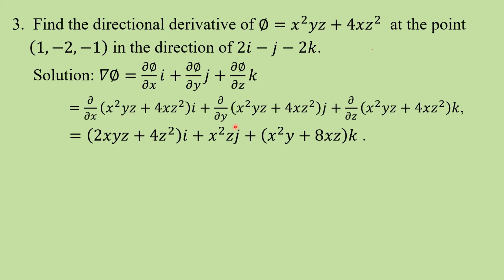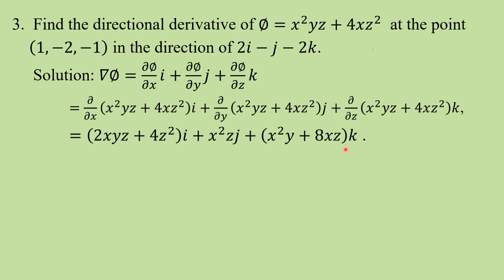Component of j, derivative of phi with respect to y partially, treating x and z as constants, so I'll get x^2 z + 0, x^2 z j. Component of k, partially differentiate phi with respect to z: x^2 y + 4x into 2z, 8xz. So I have (2xyz + 4z^2) i + x^2 z j + (x^2 y + 8xz) k.